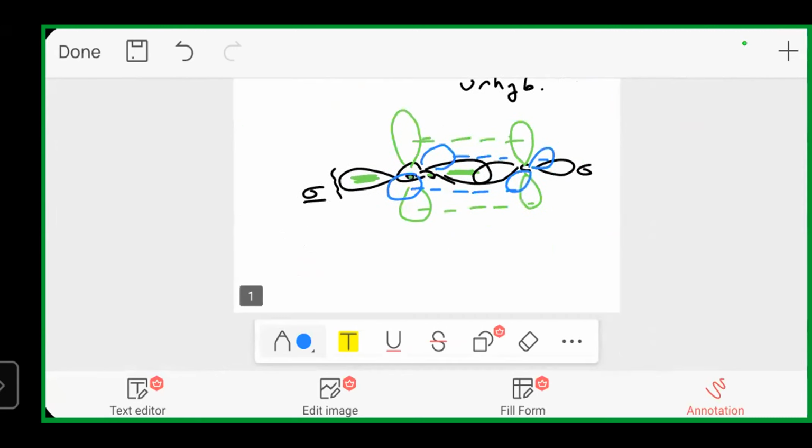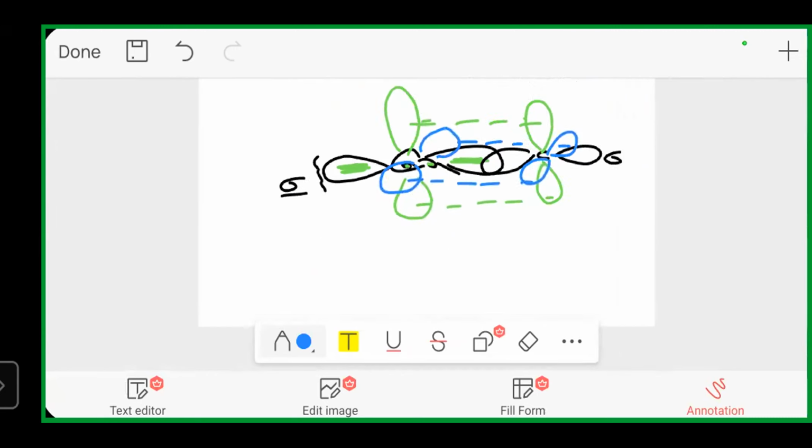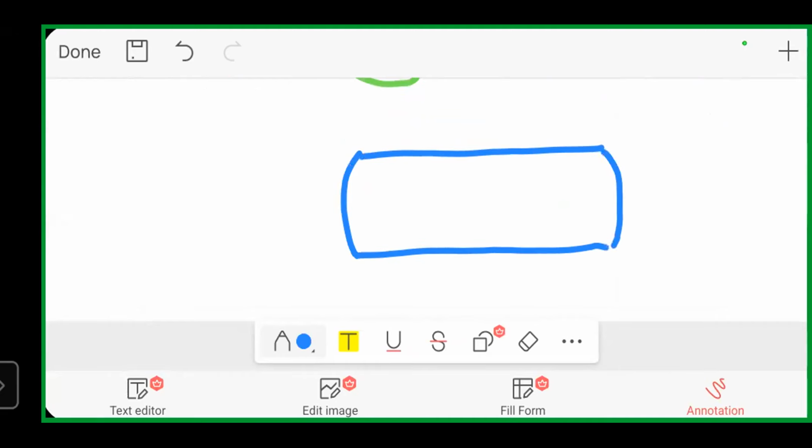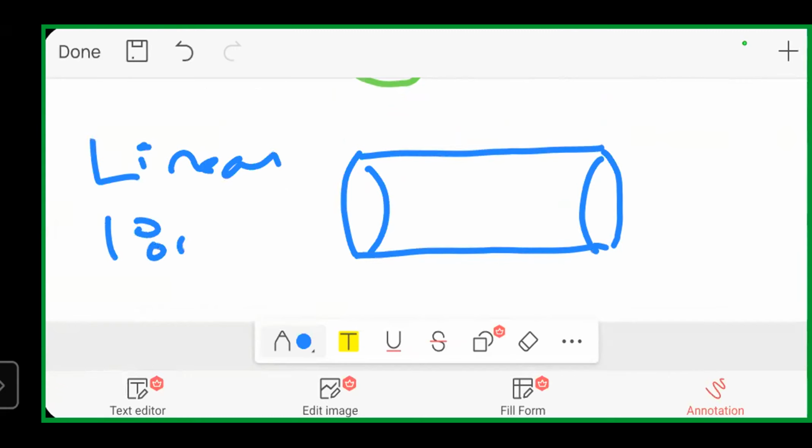Right, so in the end, this sp hybridized carbon, if it's bonded to another atom that's sp hybridized, it's going to look like a cylinder. Kind of like that, right? So it's going to be linear. It's going to have a bond angle of 180.